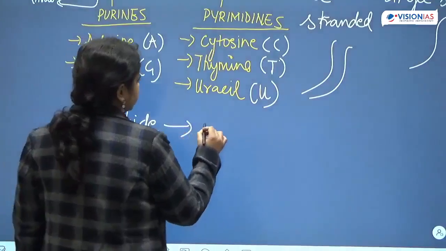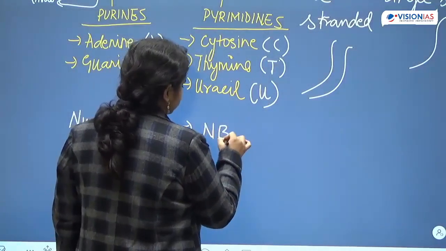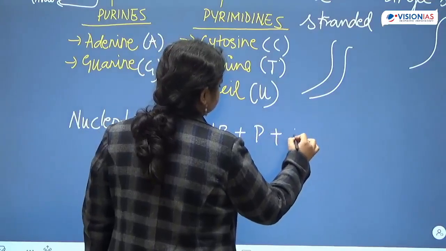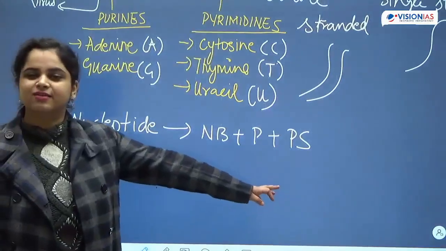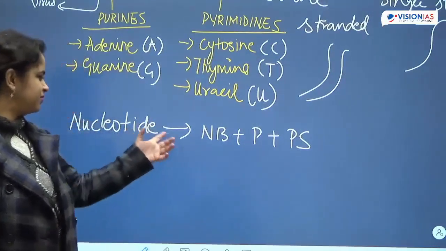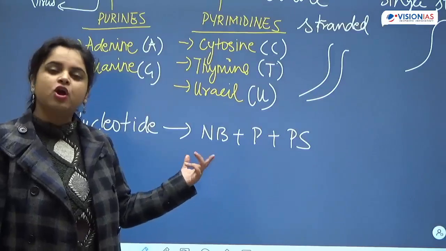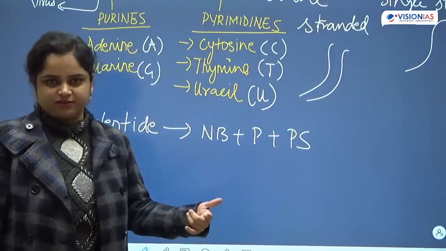So a nucleotide is a nitrogenous base, phosphate group and pentose sugar coming together. Of course, these are not standard abbreviations. You have to write the full term. Now, there will not just be one nucleotide. There will be multiple units of this.